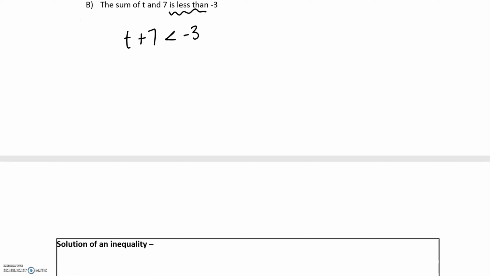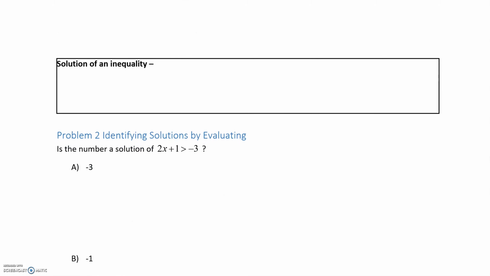Okay, if we move on to the next page, we have the solution of an inequality.